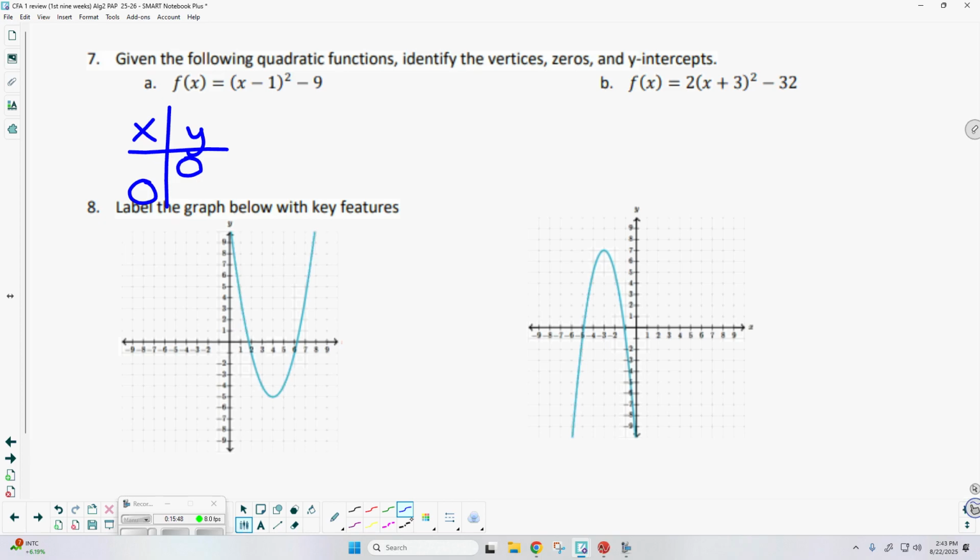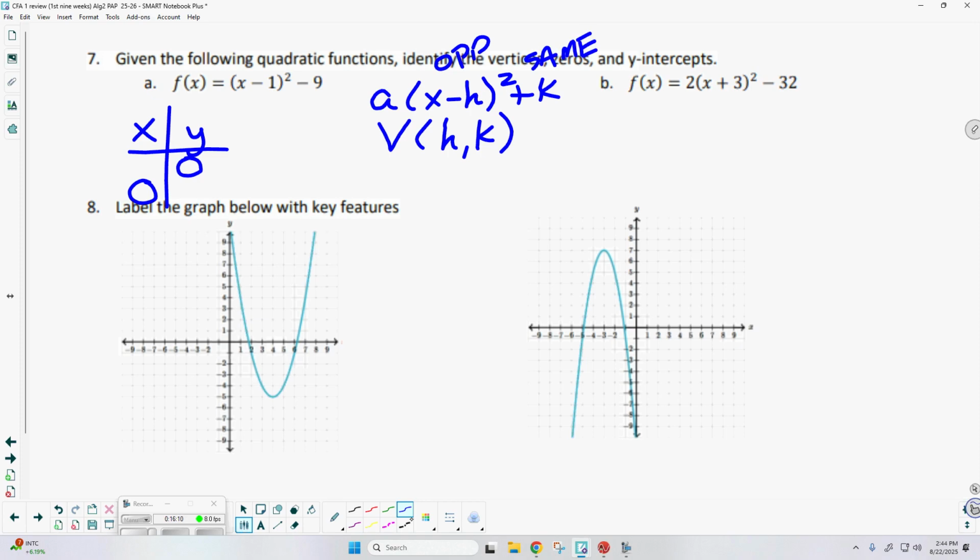This was the general form for vertex form: a times (x minus h) squared plus k. So the vertex is found at (h, k). Remember, whatever's with x, you have to take the opposite value, but whatever's outside remains the same. Given this, what's my vertex?